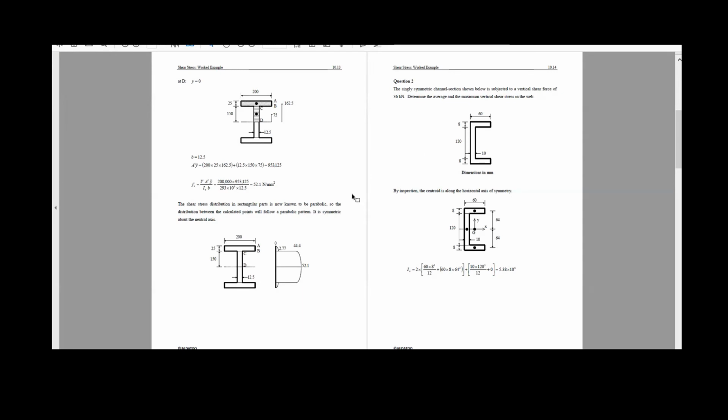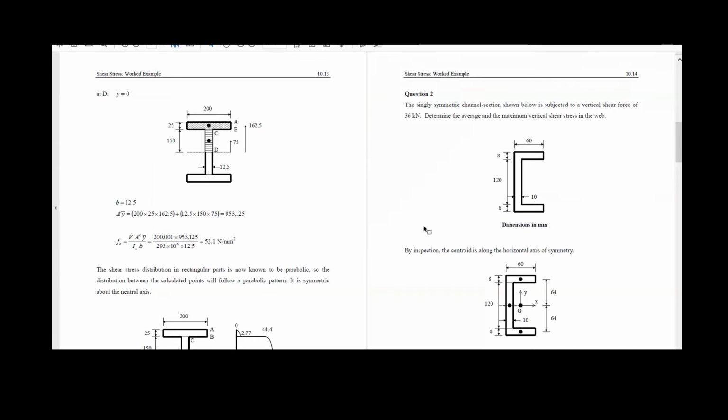In terms of the calculations regarding the shear stresses, when you have a C section, or a channel section as they also call it, the calculations are exactly the same as for the I section, because the only moment of inertia you need to evaluate here is the moment of inertia regarding the axis XX, corresponding to the neutral axis, because we are thinking that these cross sections are part of a beam.